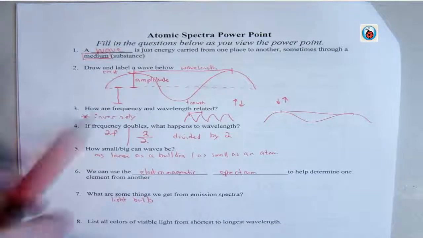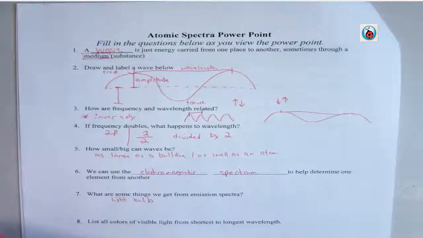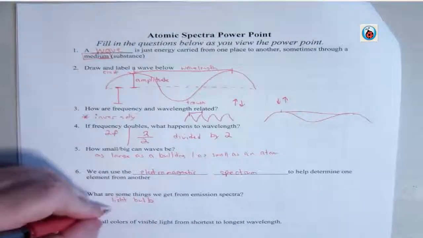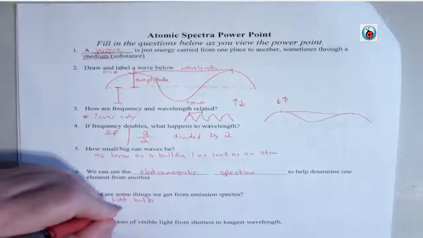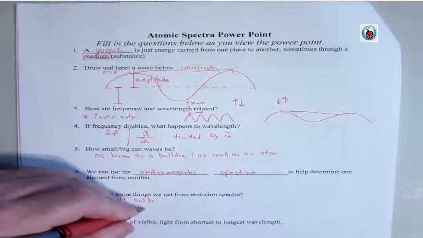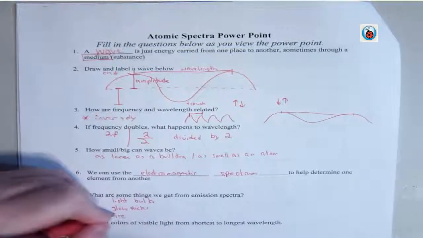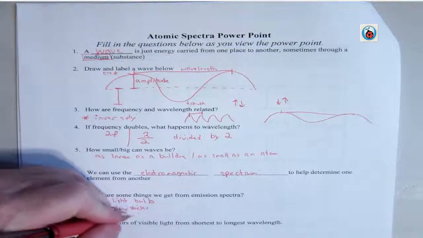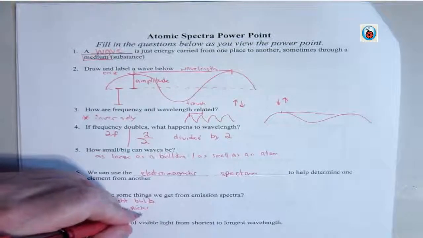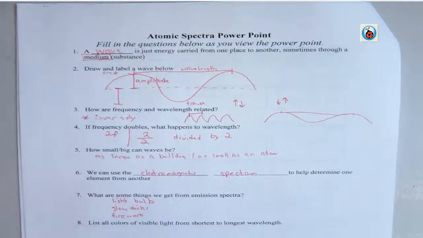And different gases emit different colors. Okay, glow sticks is another example. Glow sticks and fireworks. Fireworks is a great example. You have different materials, given energy, and they emit specific colors.